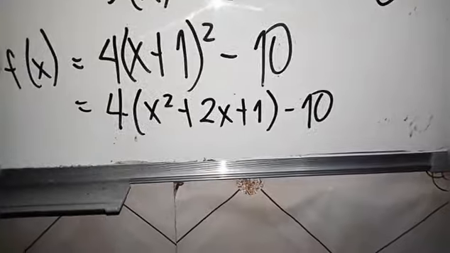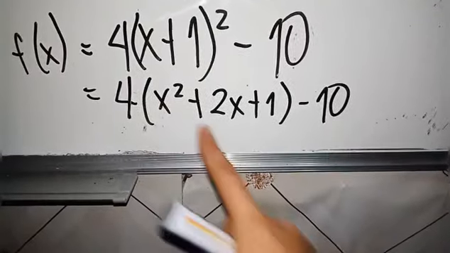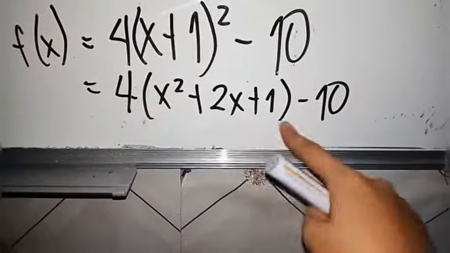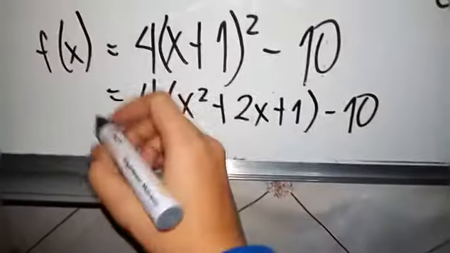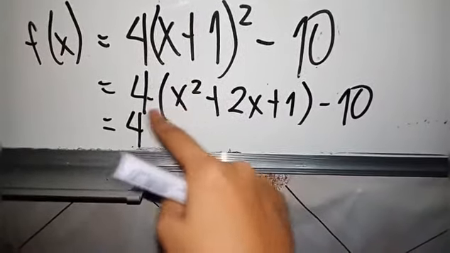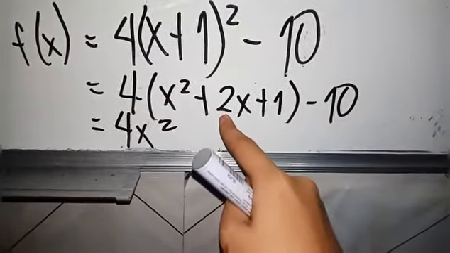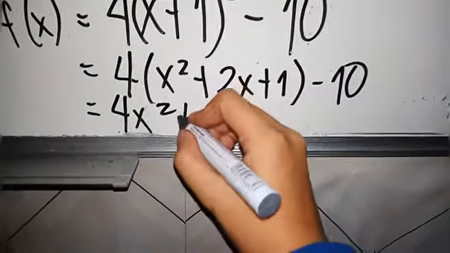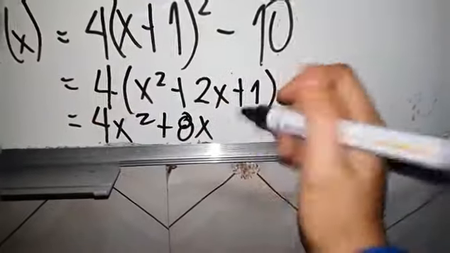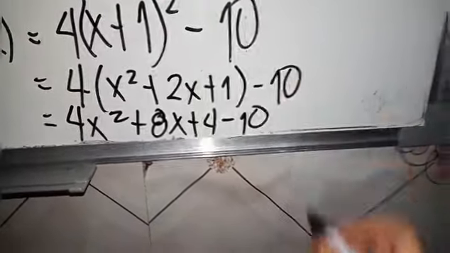Okay, so, after that, pwede pa nating i-distribute lang natin doon sa ating nasa loob ng ating parenthesis. So, we have 4 times x squared will give us 4x squared. Then, 4 times 2x will give us 8x. Then, we have 4 times positive 1 will give us positive 4. Then, i-minus natin yung ating 10.